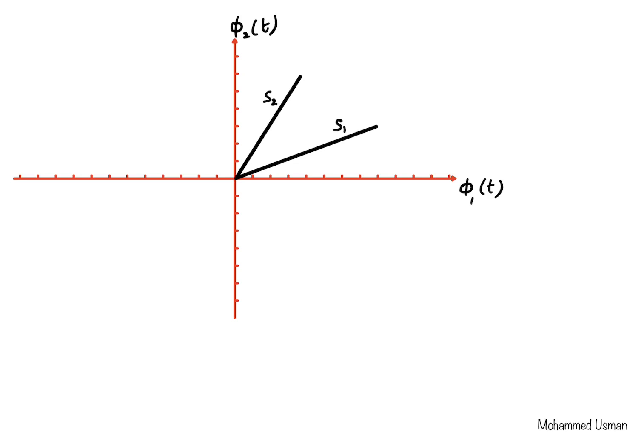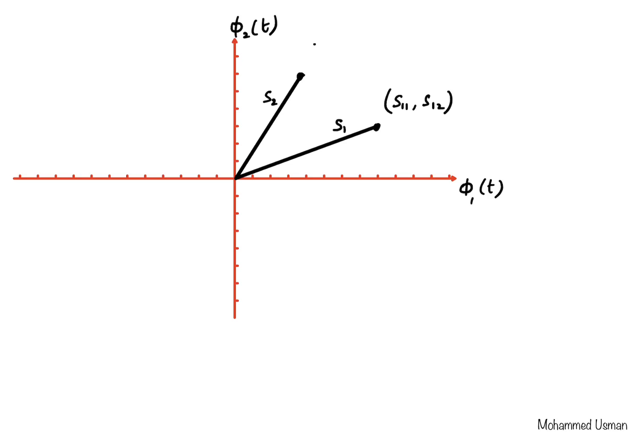So we have our two signals S1 and S2, and we are trying to represent them as vectors in this two-dimensional space. So I'll mark these points here. Each of these points is going to depict a signal. This point here is nothing but S11 comma S12. That's the x coordinate and y coordinate, right?